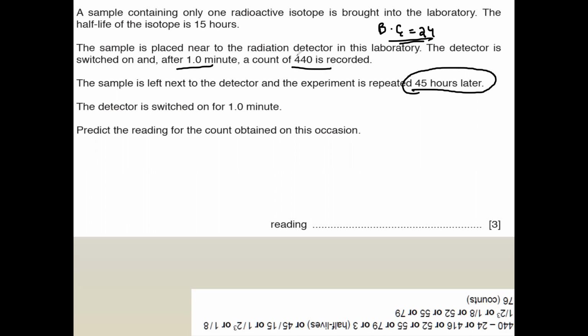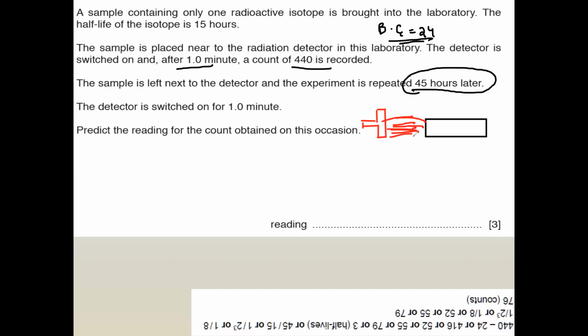So basically, when we place a detector in front of the source, which is emitting radiation, the detector is recording two radiations.